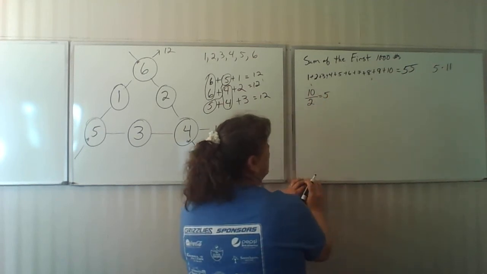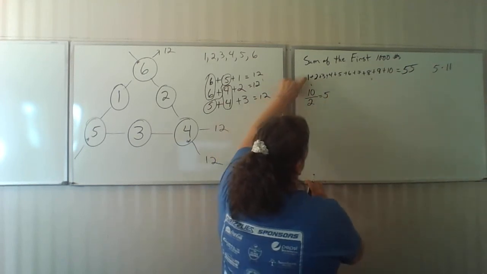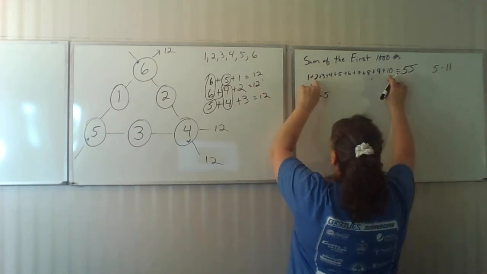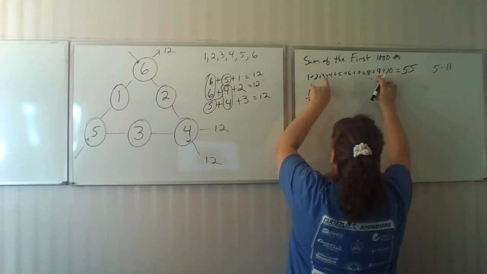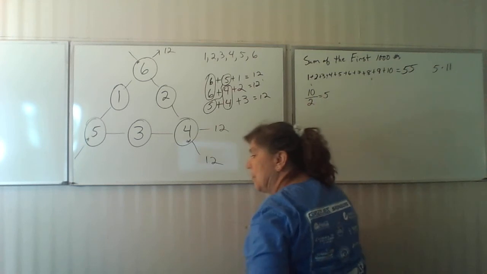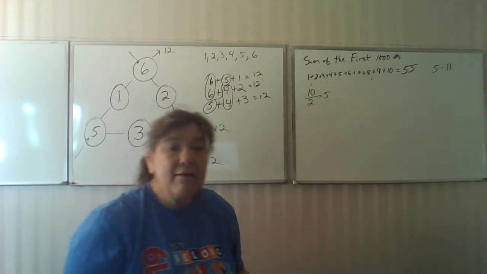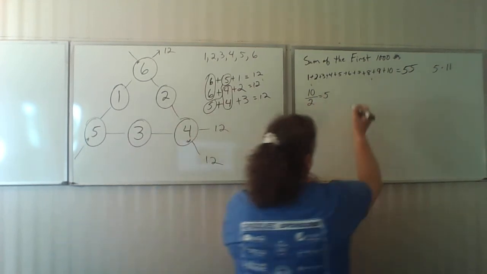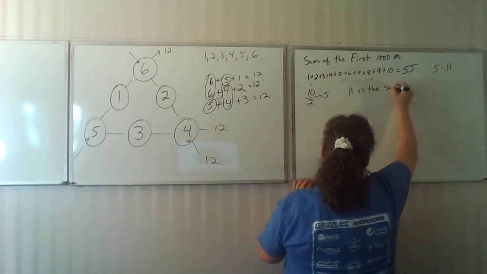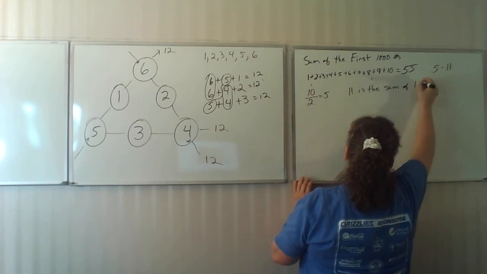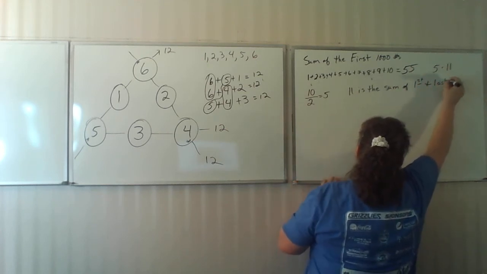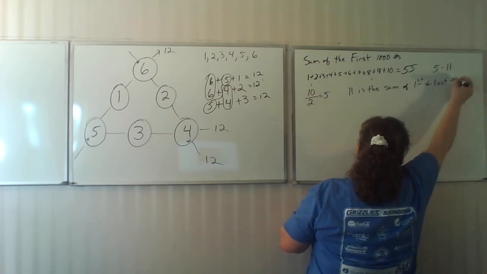Also, when I look at 11, I notice that if I add the first and the last number, the sum is 11. 2 plus 9 is 11. 3 plus 8 is 11, and so on. So I notice that 11 is the sum of first and last numbers.